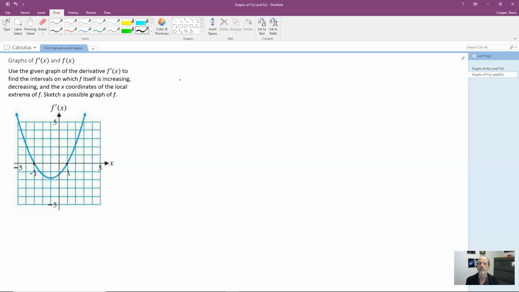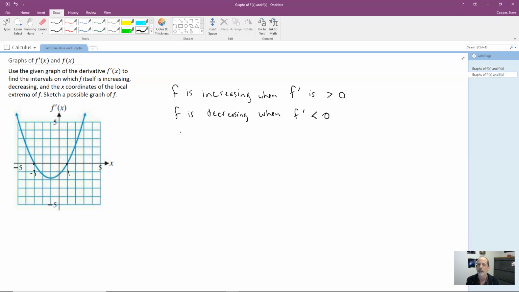Now, f is increasing when f prime is positive, or greater than 0. f is decreasing when f prime is less than 0.